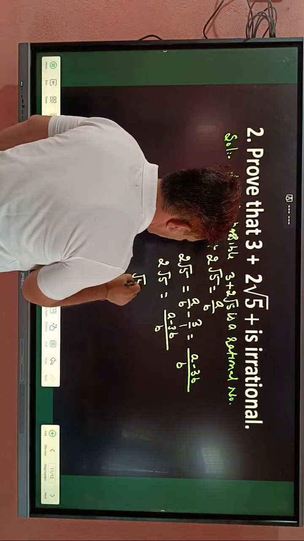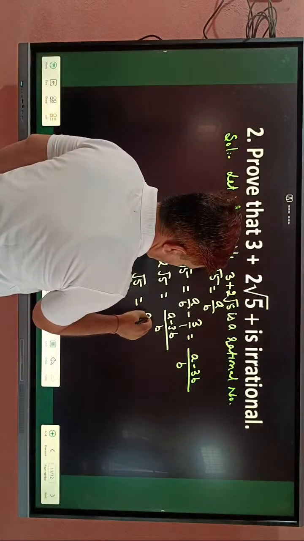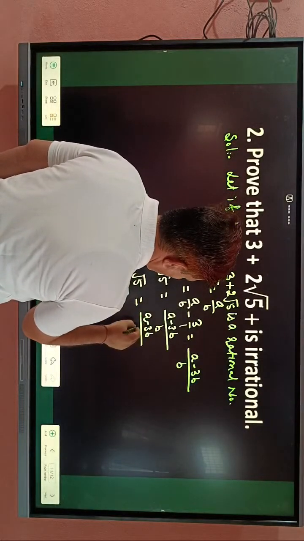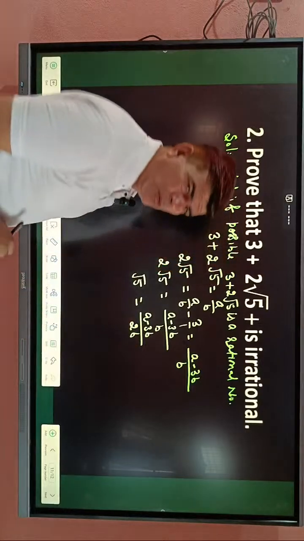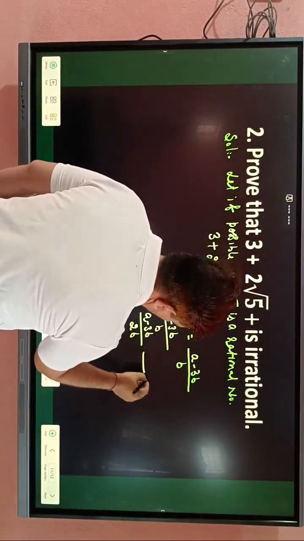Then 2 also goes to this side: root 5 equals a minus 3b by 2b. This is equation number first.